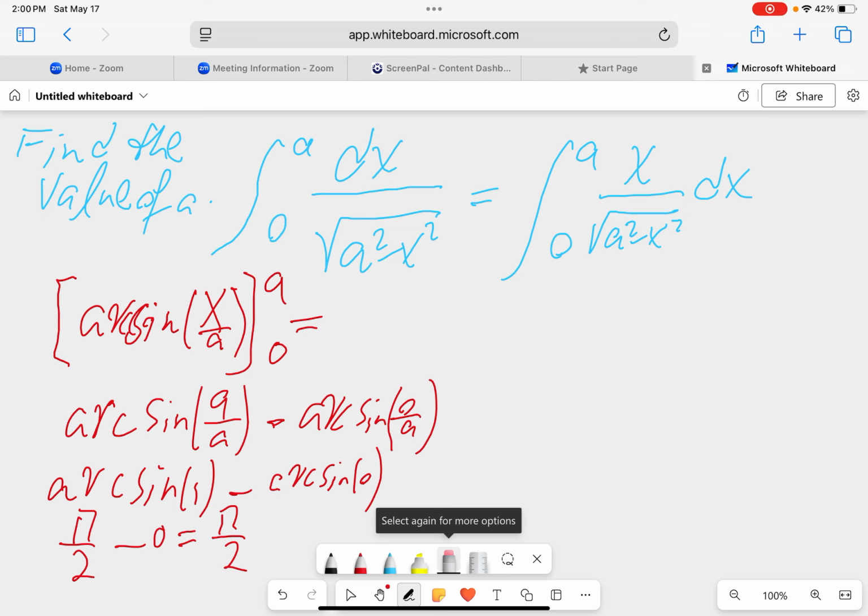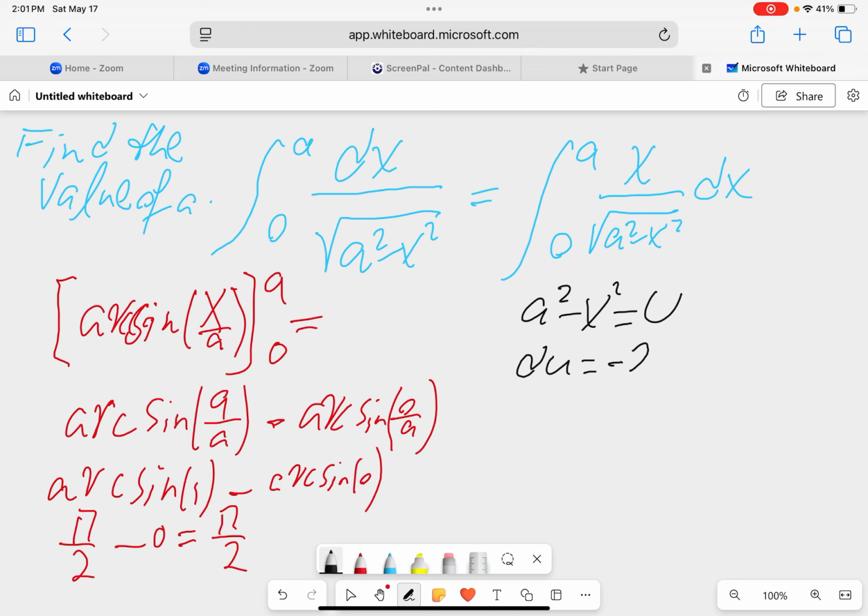So yeah, let's use the black. I'm in the right hand side, if you're going to use U-substitution. What I'm going to do is say a squared minus x squared is equal to u, and I'm going to take a derivative of u with respect to x, which is going to be negative 2x dx, all right?